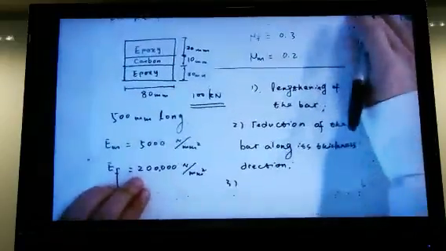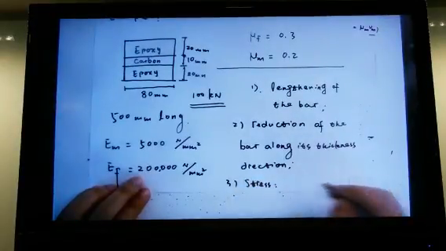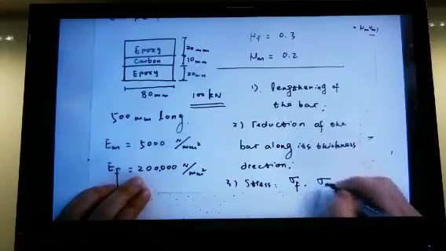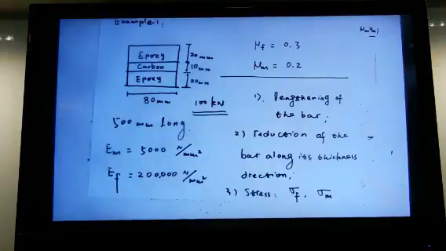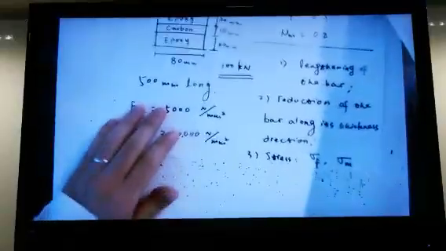The third one is the stress in matrix and the stress in fiber. Thickness direction, I mean this direction, transverse direction. So these are the three unknowns I'm asking you to determine.